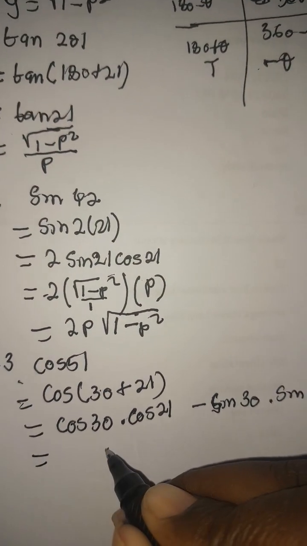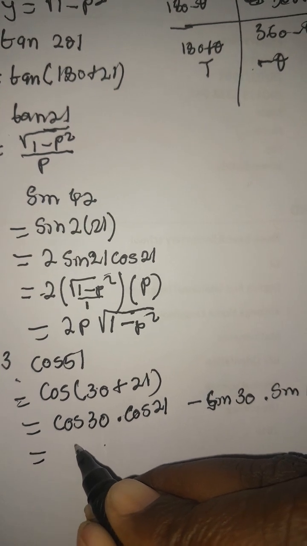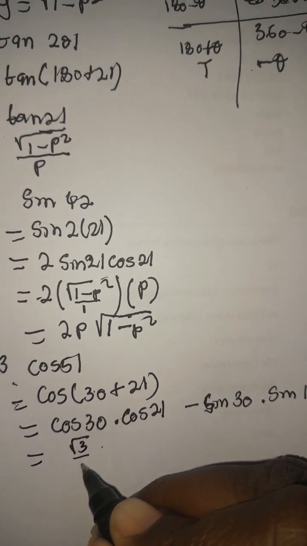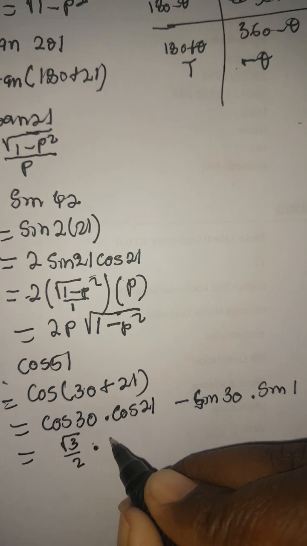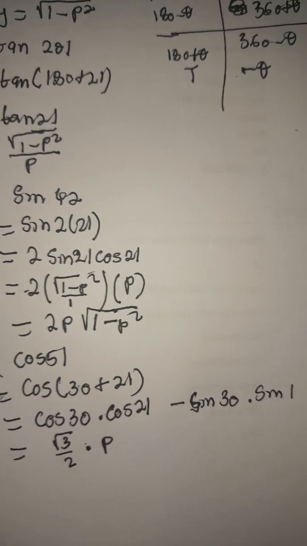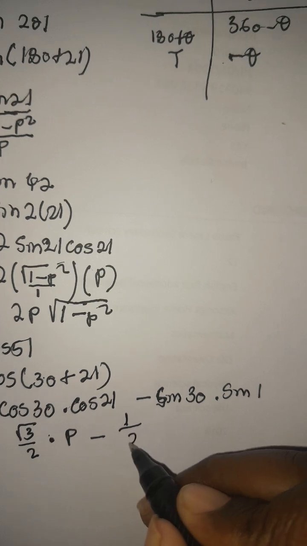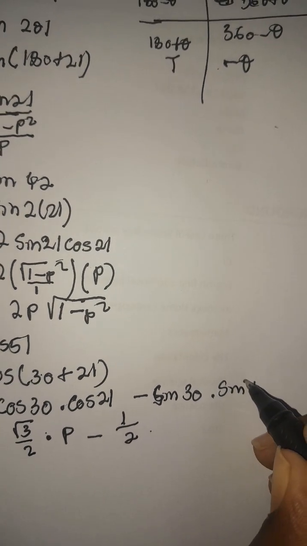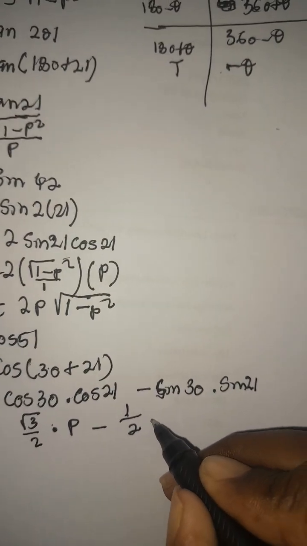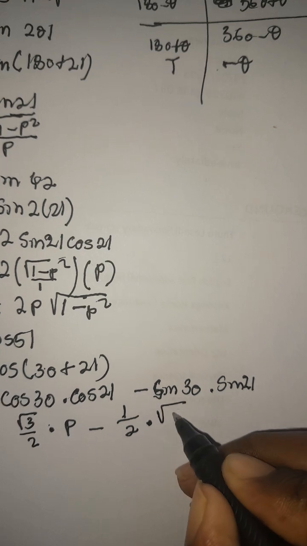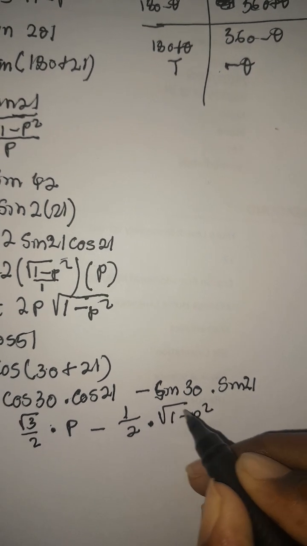So cos 30, it's a special angle, so that will be root 3 over 2 multiplied by p, which is cos 21 as given. Then what about sin 30? Sin 30 is half. Remember, here it's sin 21, which was root 1 minus p squared.